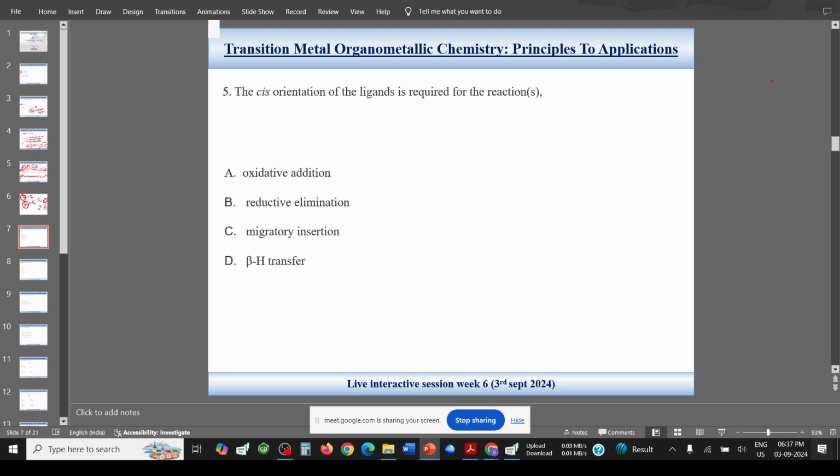There was a question with some metal complexes, that addition of hydrogen, which will be the orientation. That time I did not explain it because the solution was not released. So this question is based on that. The cis orientation of the ligand is always required for which reaction?